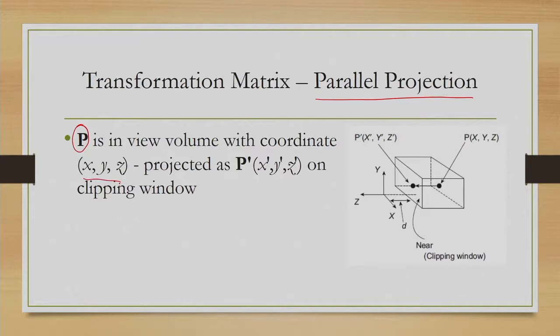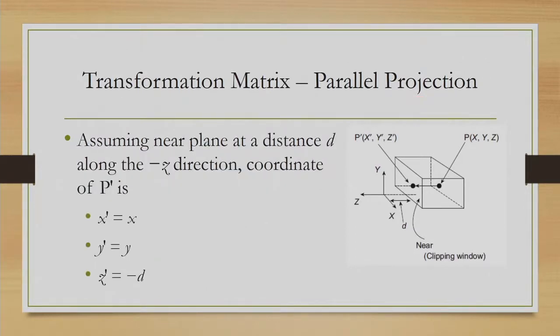Now, we want to project this point on the view plane as a projected point P dash with the new coordinates x dash, y dash, z dash, and this projection takes place on the clipping window as we have already mentioned, and our objective is to relate these 2 points.